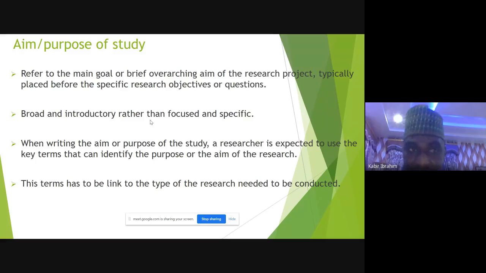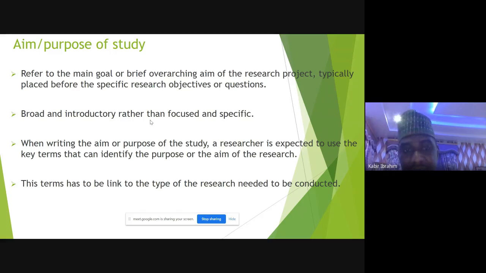When writing the aim or purpose of the study, there are some expected terms that a researcher will use so that the aim of the research can easily be identified. These are important terms that help somebody understand which data the researcher will use, or clearly state the aim of the research by defining the word.